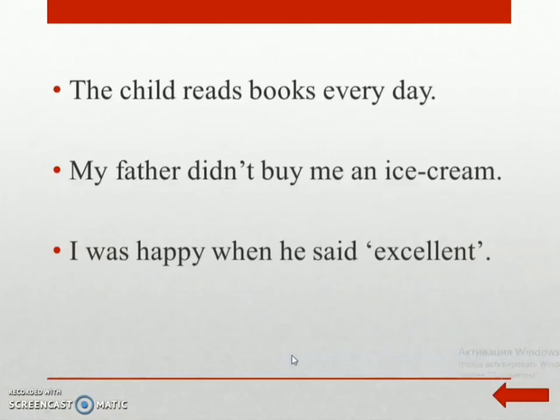The child reads books every day. So reads. My father didn't buy me an ice cream. Buy, not bought. I was happy when he said excellent. Was, not am. I was happy, not I am happy when he said excellent.